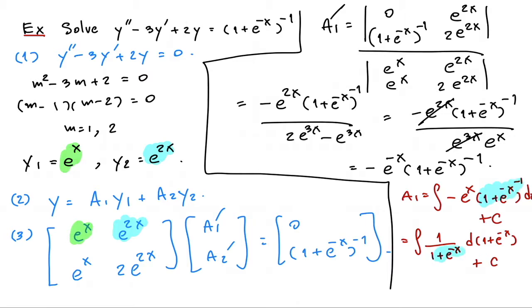And d of (1 plus e to the minus x) is actually minus e to the minus x, so we have the minus here. So we have that a1 is actually log of (1 plus e to the minus x) plus c.